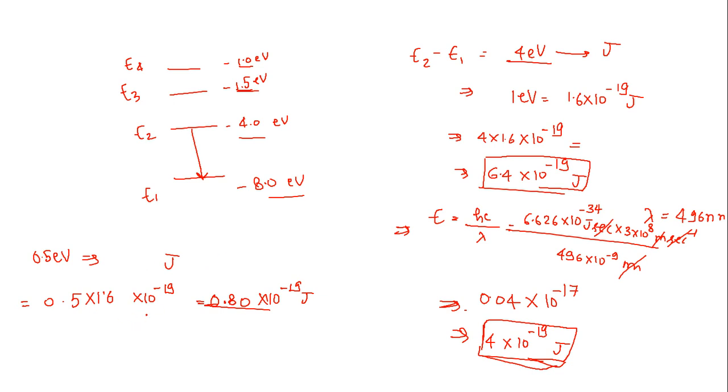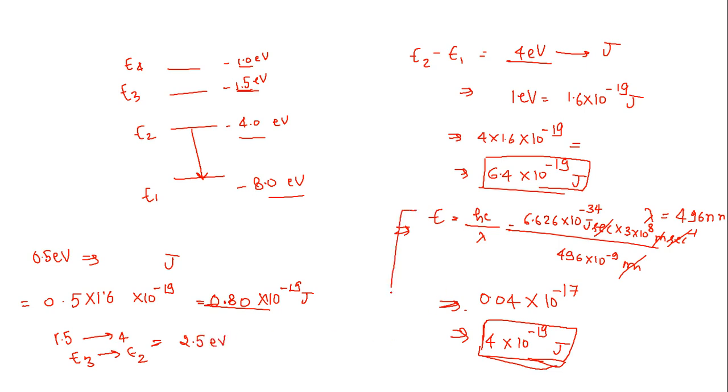The third option I would like to go with is E3 to E2. That would be from 1.5 to 4.1, or that is E3 to E2. And what is the energy difference? That is 2.5 electron volt.